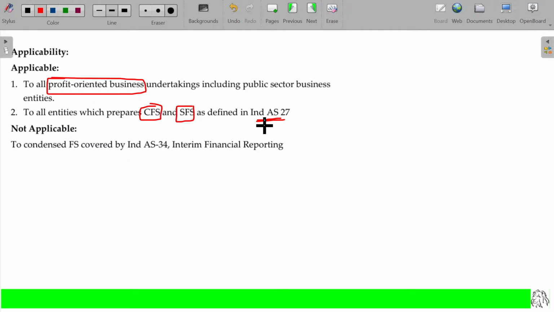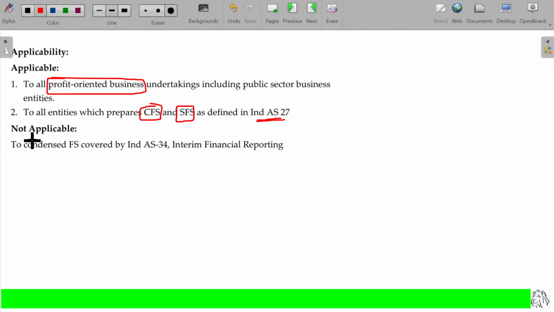When a company has majority shares in another company, business combinations and all, they have to prepare a consolidated financial statement as per Ind AS number 110 as well as 103 business combinations. Apart from that, while preparing the consolidated financial statement, they have to report their own individual financial statement also, that is called SFS. So they have to prepare these two. While preparing these two also, this Ind AS number 1 is applicable.